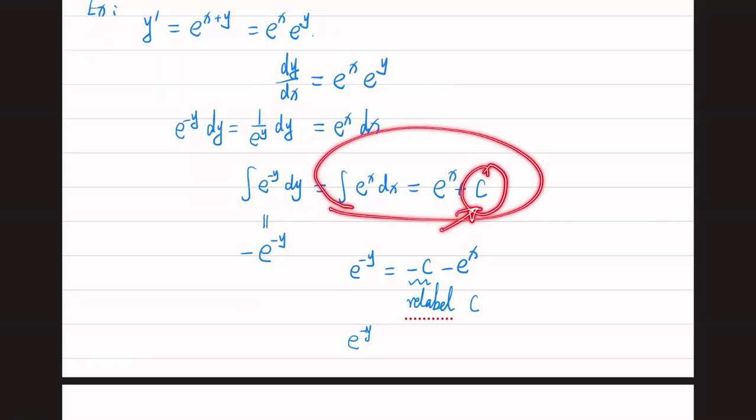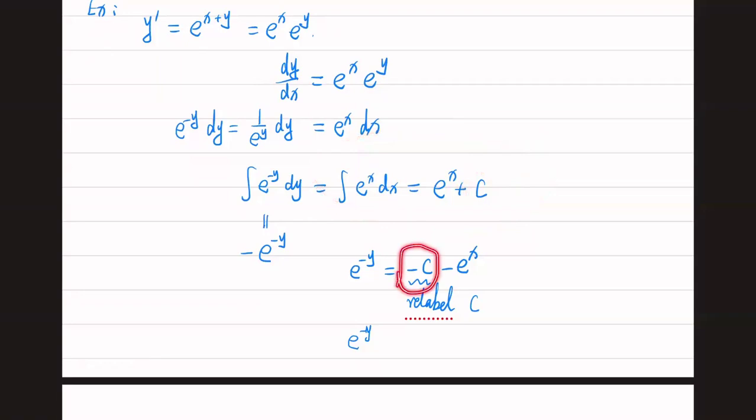Maybe 1, maybe 2, maybe 5. It could also be negative 1, negative 2, negative 5. It just stands for an undetermined arbitrary constant. Since it's arbitrary, the negative c also stands for an arbitrary constant. If c is 1, this will be negative 1. If c is negative 1, this will be 1. So negative c and c play the same role.